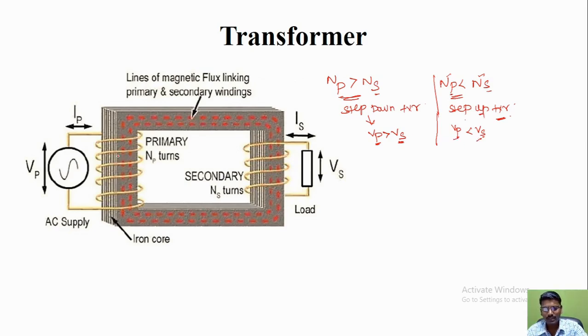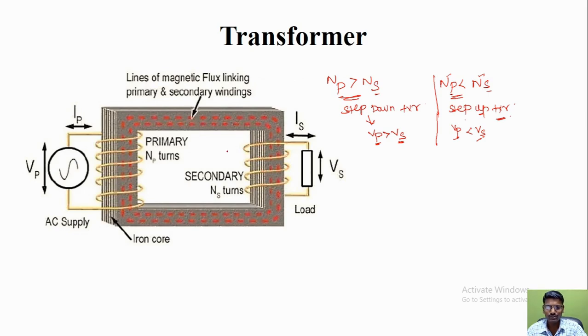So we already know the basic principle of the transformer. If we energize the primary side, the primary number of turns, with an alternating supply, then a flux will get induced in this iron core. The red dotted lines indicate the flux linkages, which pass from the primary to the secondary number of turns.